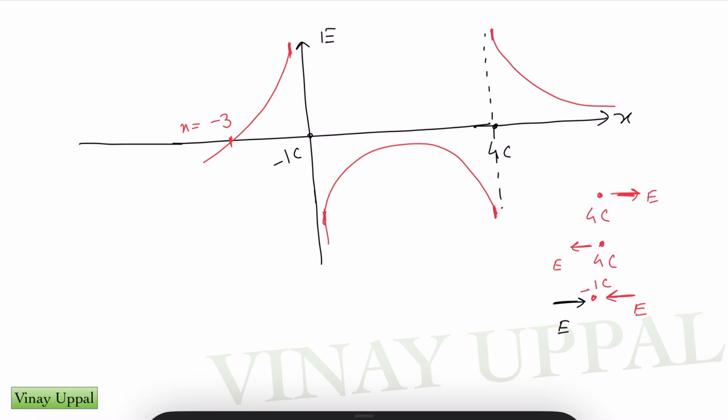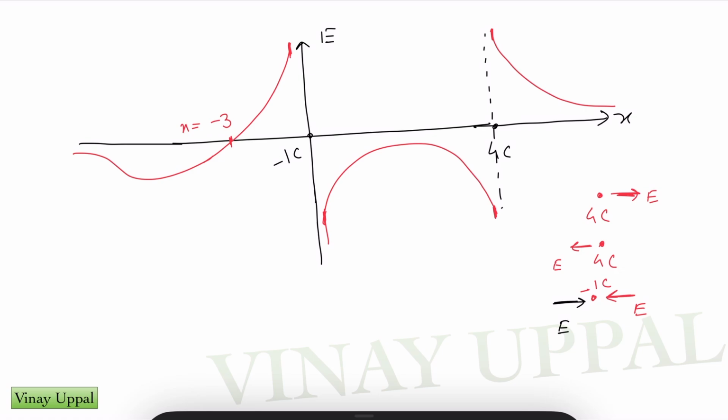As r tends to infinity from both the charges, the electric field will go to 0. And therefore, the graph will have to curve back up and tend to 0. So all of this has been deduced by looking at points very close to the charges and that one equilibrium position. I hope you've understood how to plot the graph.